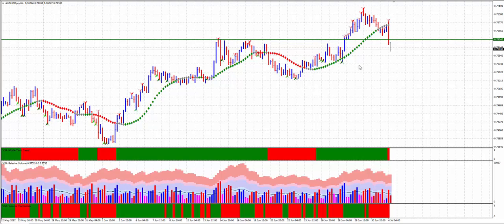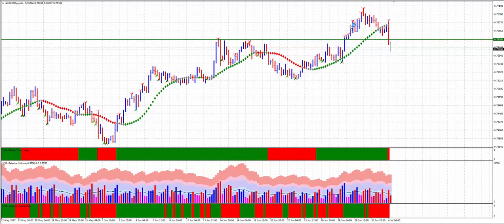In my analysis today, I'm going to speak about the Aussie dollar versus the US dollar. Yesterday when I analysed this currency pair, I mentioned that there was certainly weakness. We had very high volume on this up bar, which broke through this previous high around the 76.34 level.